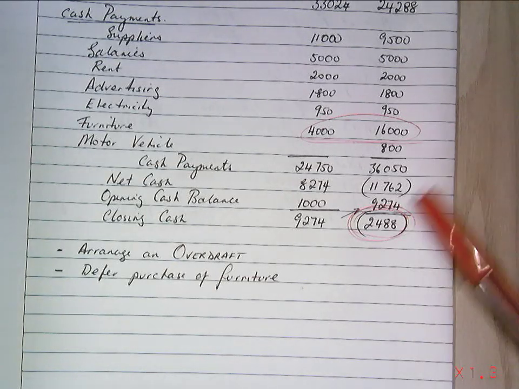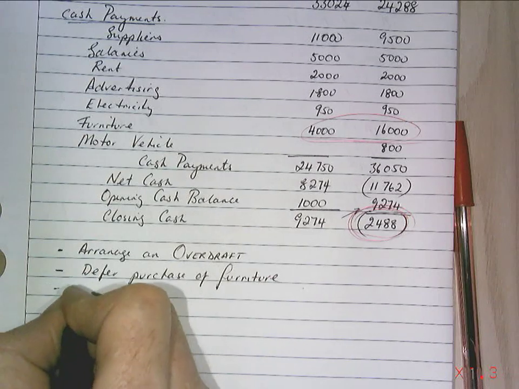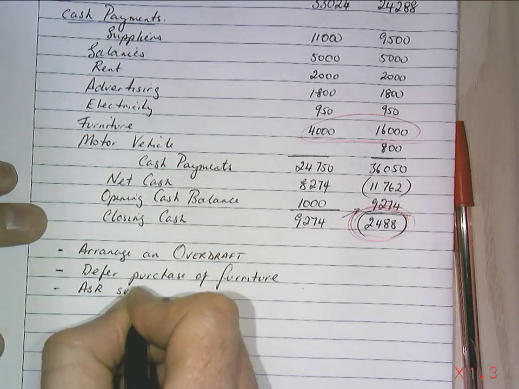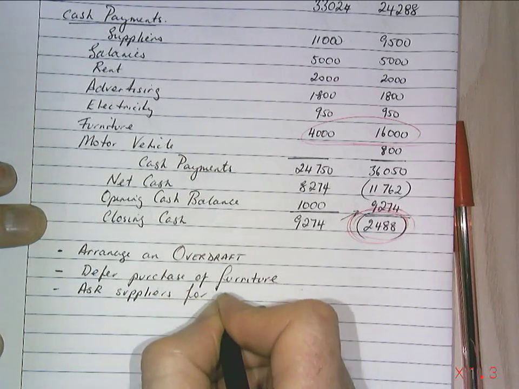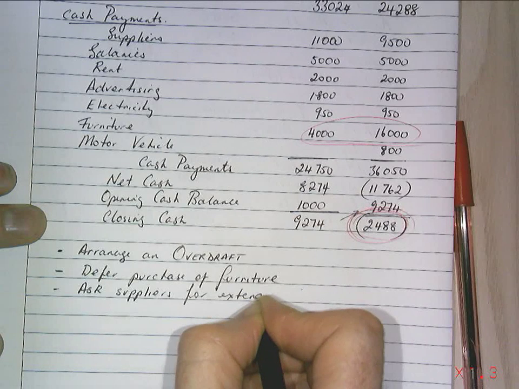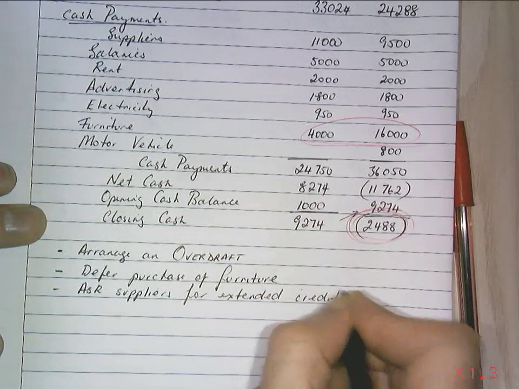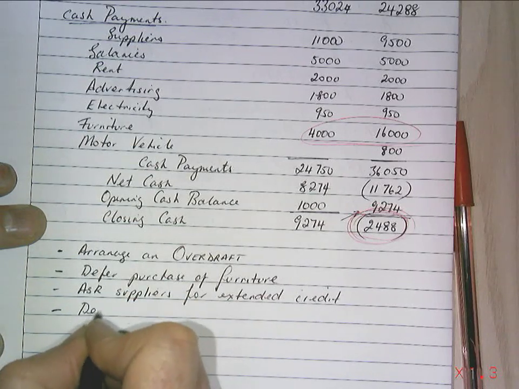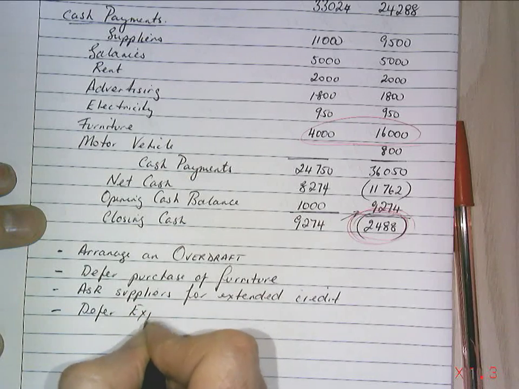That would help me have a positive cash balance. I could ask suppliers for extended credit. And my last thing is defer payments, expense payments.